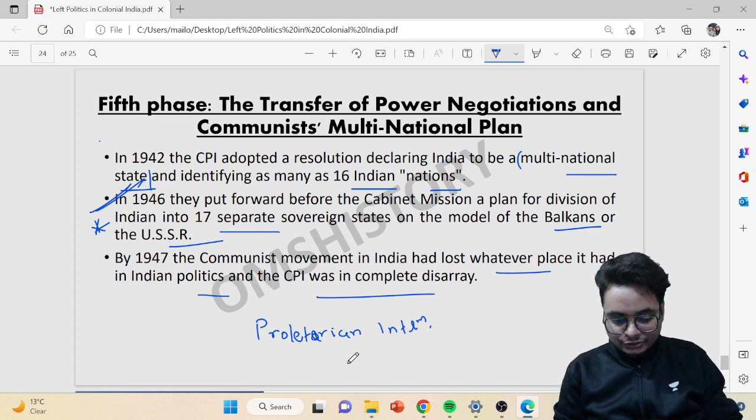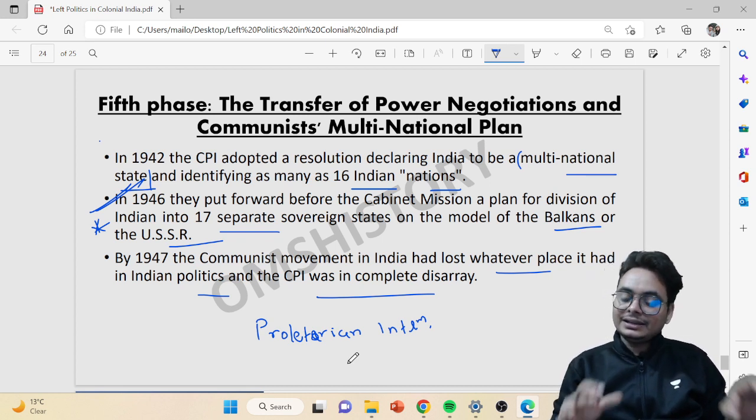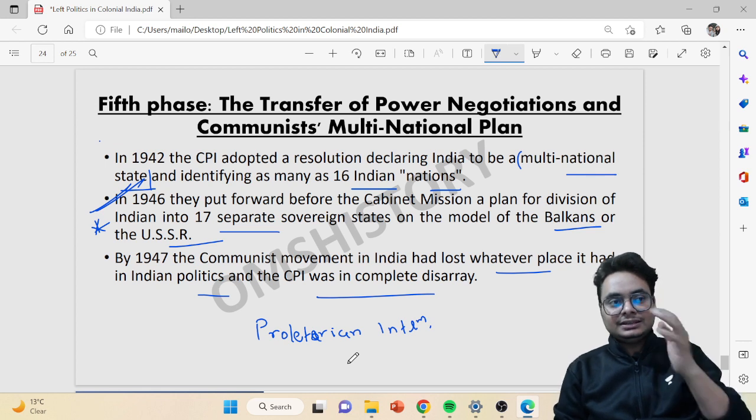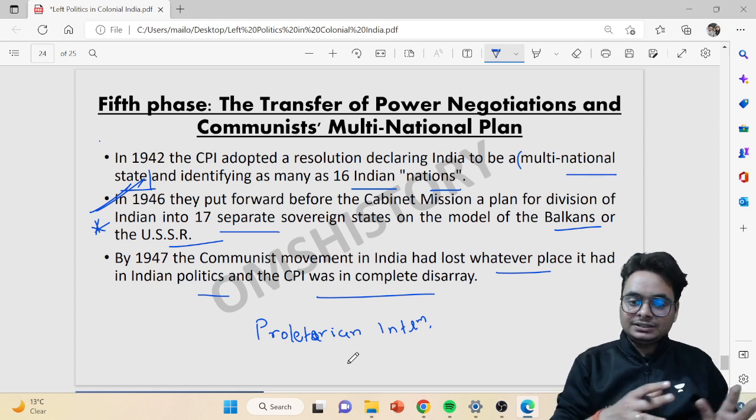But this class antagonism or violence was alien to Indian tradition, because in India class antagonism was not there.